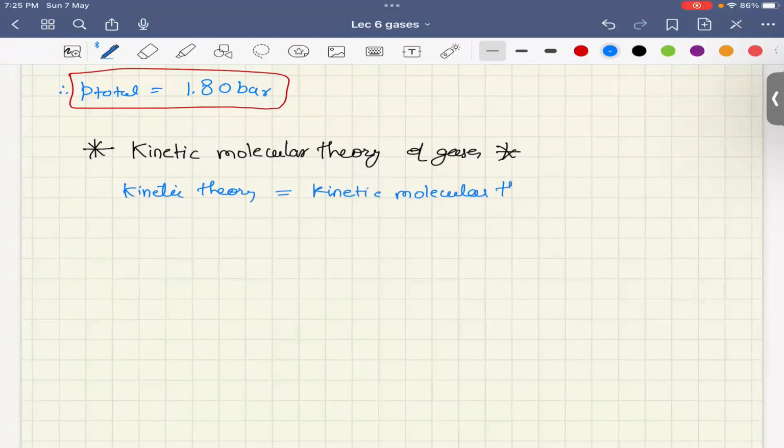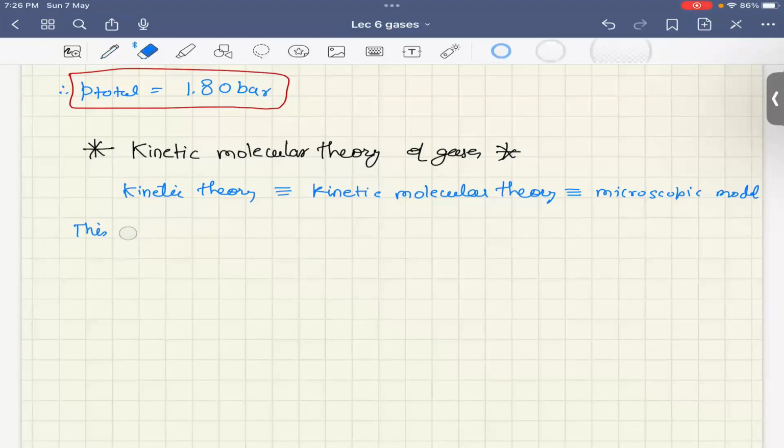Kinetic molecular theory is also known as the microscopic model, because these assumptions are related to microscopic particles.